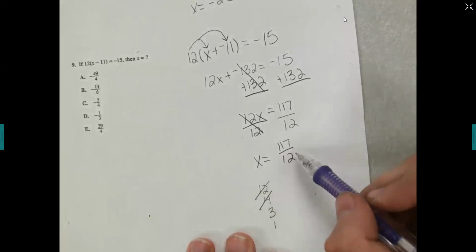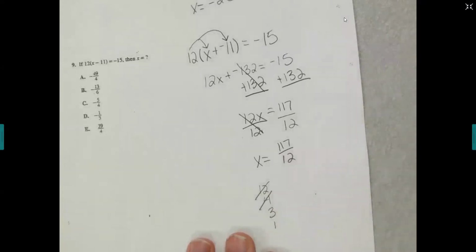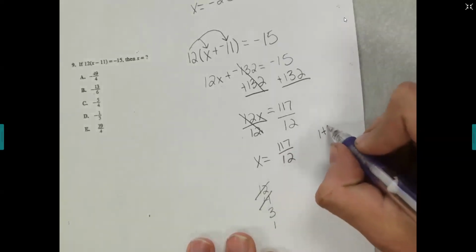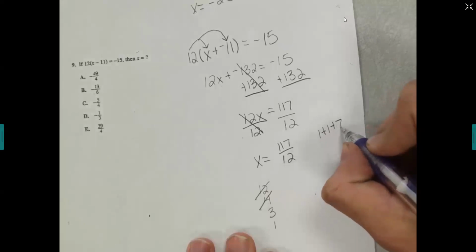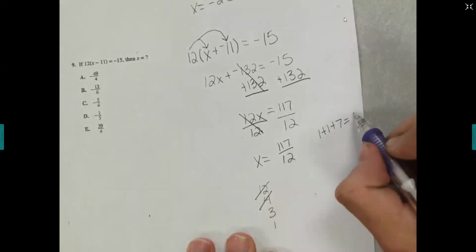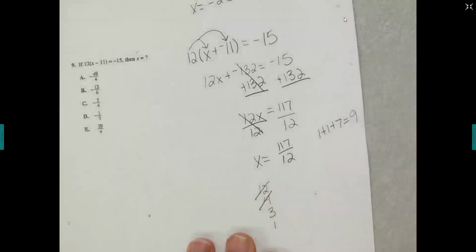3 goes into 12, but does 3 go into 117? Well, let's use our rule of 3. Our rule of 3 says that if you add up the digits of a number, and the sum of those digits that you add up is divisible by 3, then the number itself is divisible by 3.